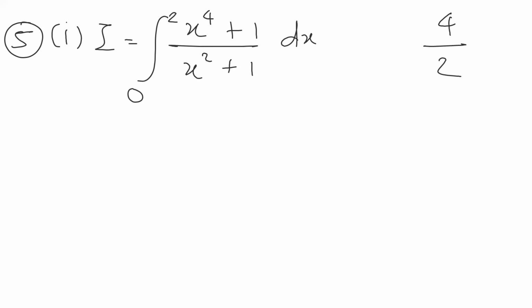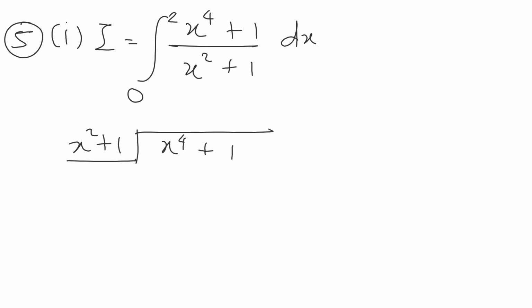When the degree of the numerator is greater than the degree of the denominator, we have to divide the numerator by the denominator. So we have to apply the long division method. I hope you recollect this. X square into x square will give you x raised to 4. Then x square into plus 1 will give you plus x square.